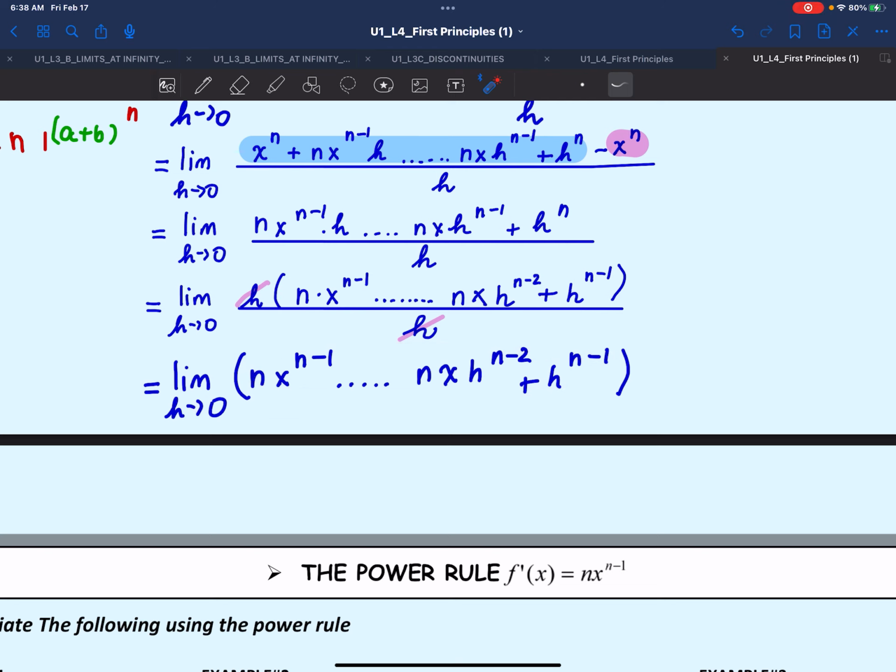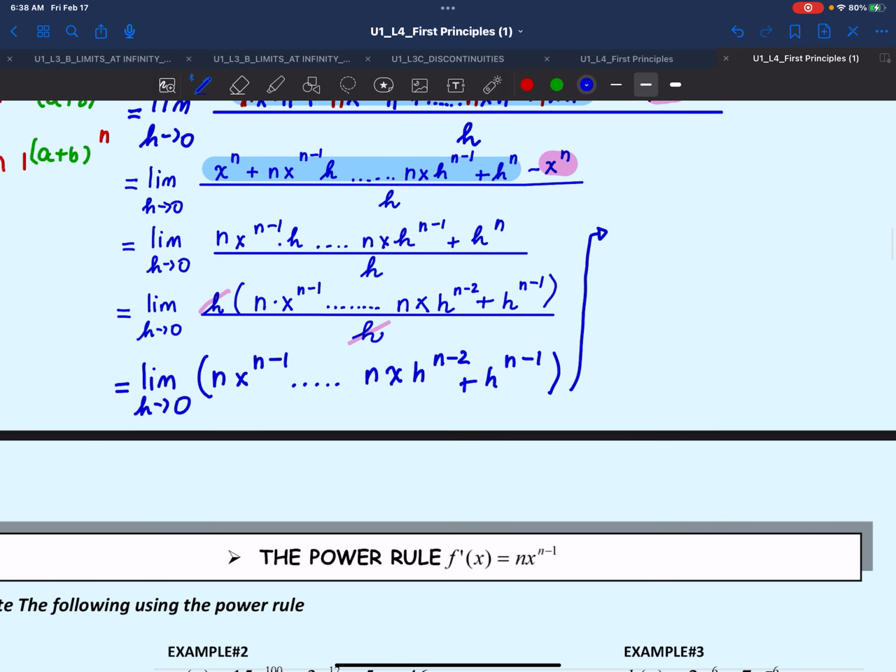So now we can make h equal 0, or evaluate this limit. Let's see what we get. Obviously, we no longer have restrictions, so that would make it easy for us to evaluate. So we have n x to the power of n minus 1. This contains no h, so there is no way we can substitute the 0 in here. So that won't change. Now, all the terms that are in between will have h as a factor.